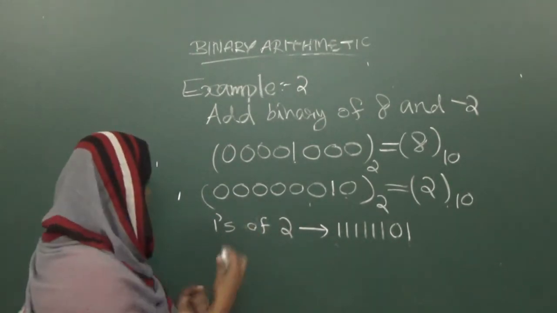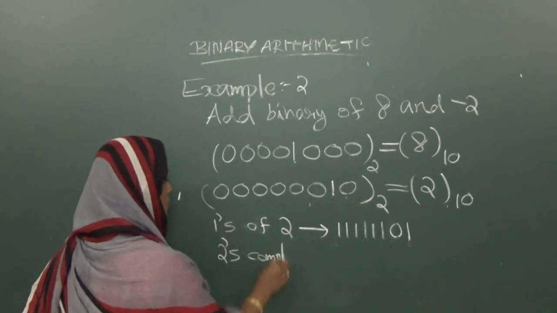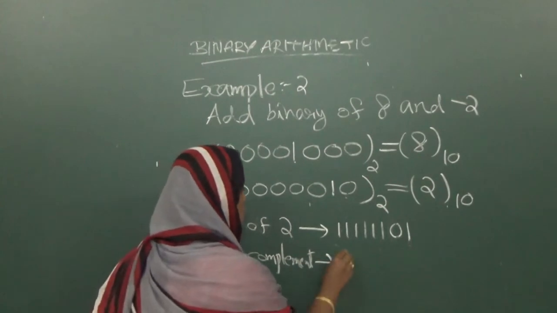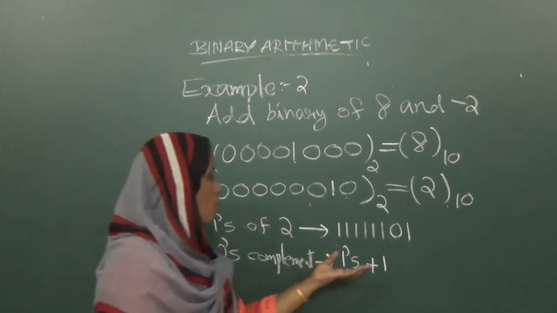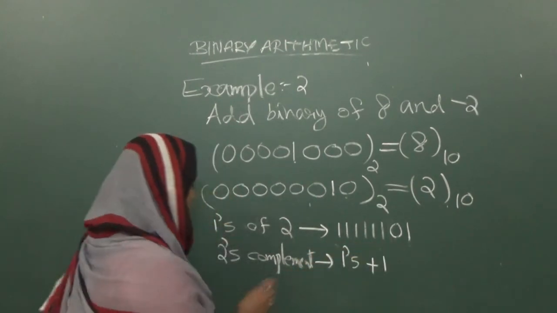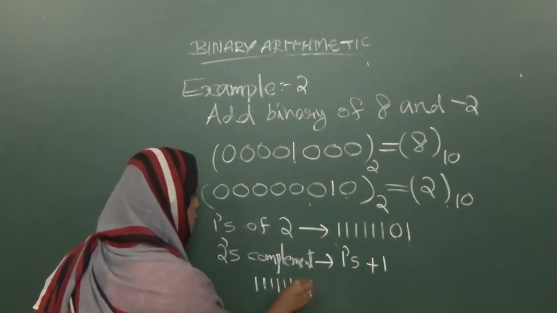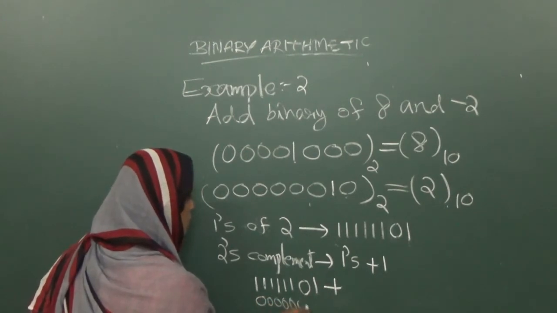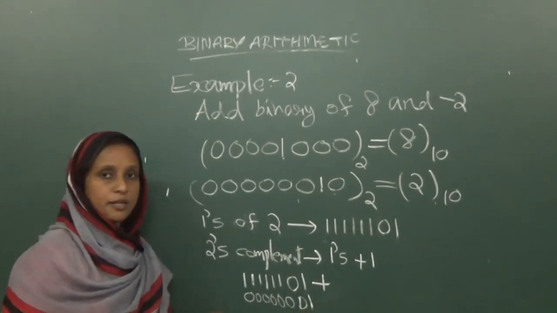Now we need 2's complement. How to write 2's complement? 1's complement plus 1 gives 2's complement. So we want to add 1 to this number. Okay, so this gives you 1 1 1 1 1 1 0 1 plus 0 0 0 0 0 0 0 1. Okay, 8-bit 1.